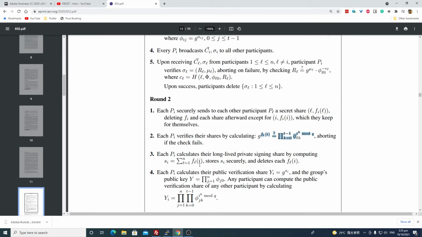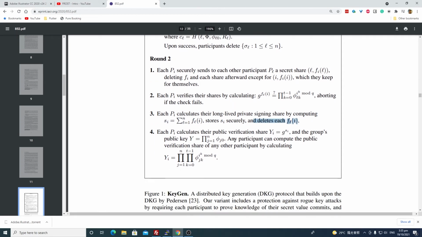And then you sum each of the polynomials f_i evaluated at your particular index, x equals i. And that is going to be your final share. So once you have summed them all together, you don't need to keep the individual parts. So you store this value and then you throw away the f_l, the f_i. Okay.